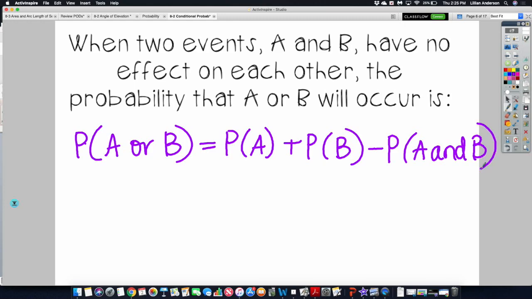In Example 11, we could have used this addition rule. A and B are two events that happen. Like in your homework, they said yes and they were male. We could have used the addition rule to answer this question.